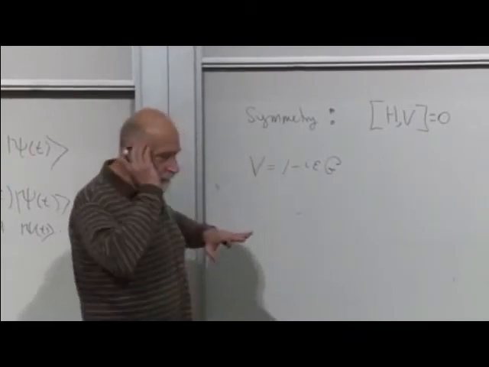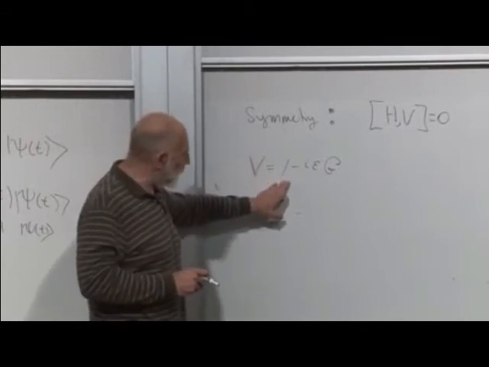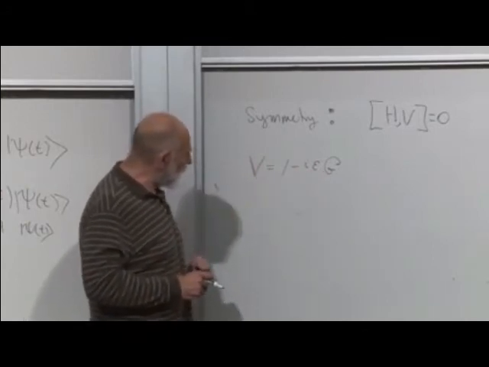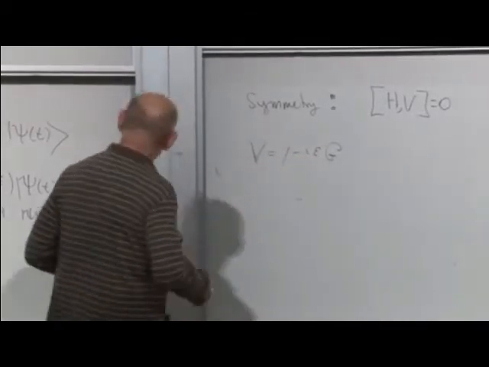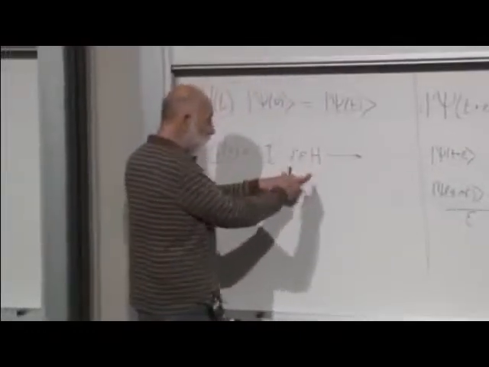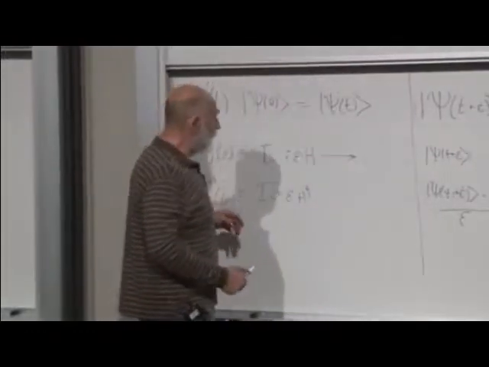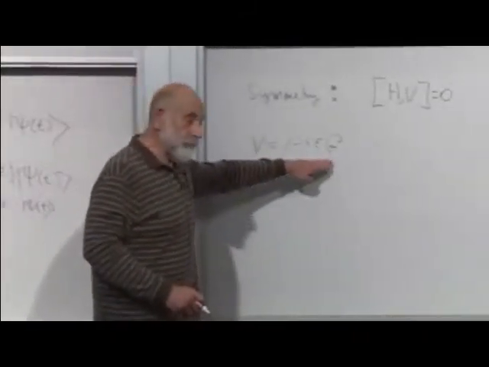Such a transformation can always be represented as something close to the unit operator, and close to the unit operator means just shifted by a small amount. By the same argument that told us that H is Hermitian, G is also Hermitian.